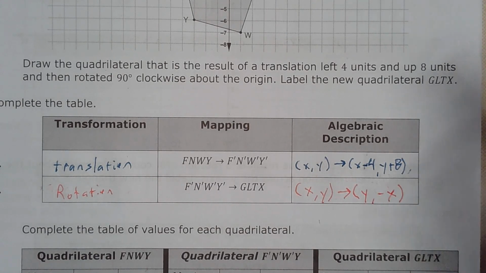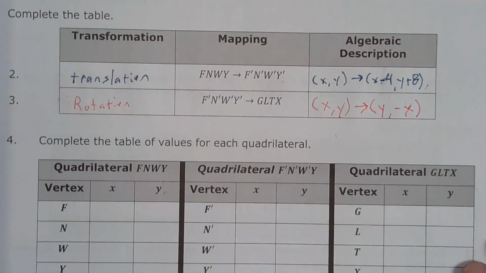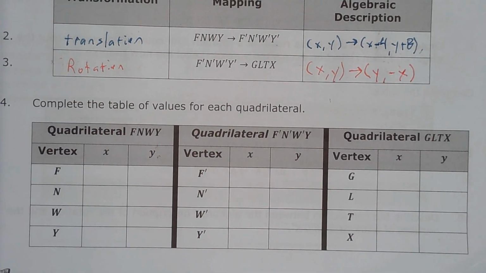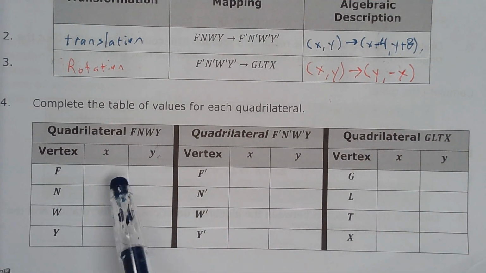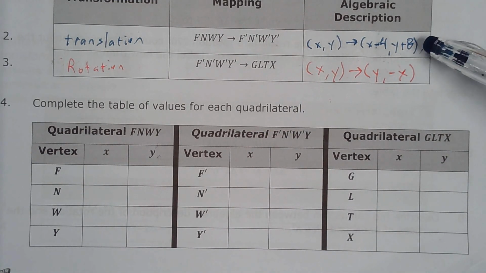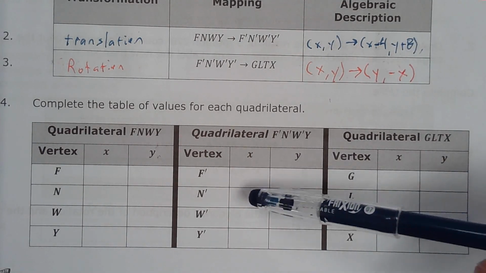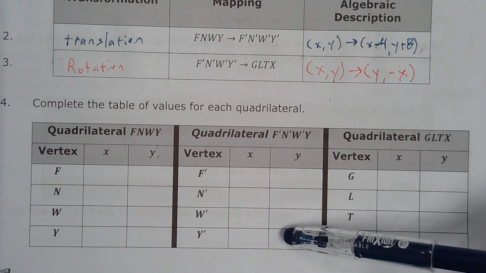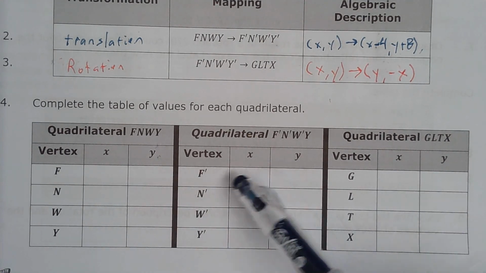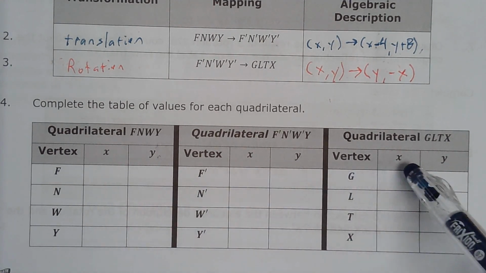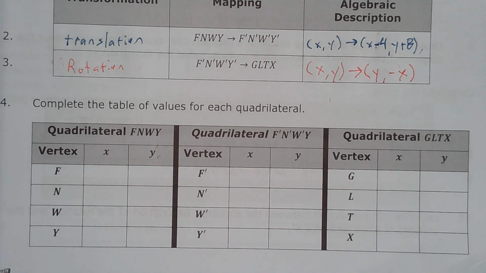Okay, so now what we're going to do for these tables is we're going to pull off our original point, and then we're going to apply these algebraic descriptions to find the image, the pre-image, and then the post image, or the image for each transformation.